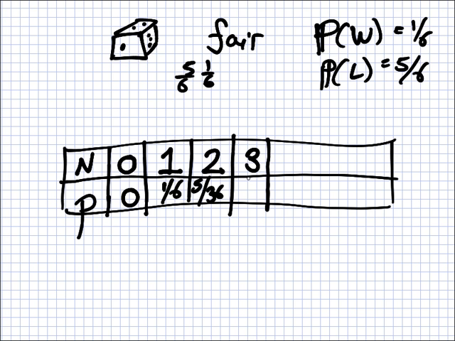In other words, I need 3 goes to win. Yeah, so you get the idea here. So I want you to finish this table here. Yeah, please.